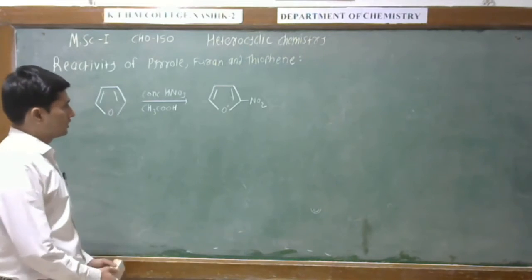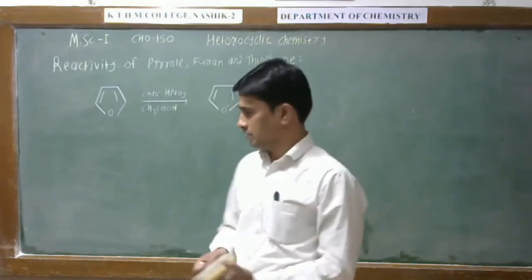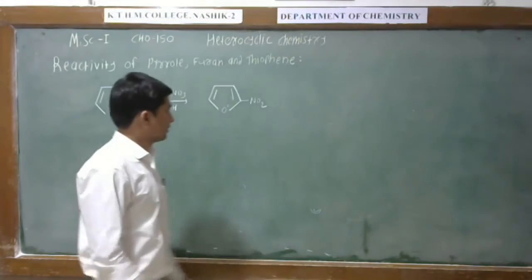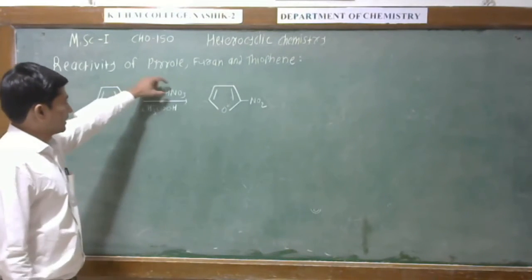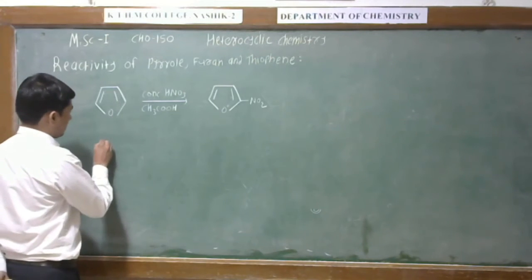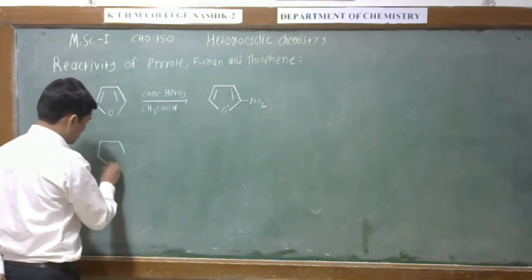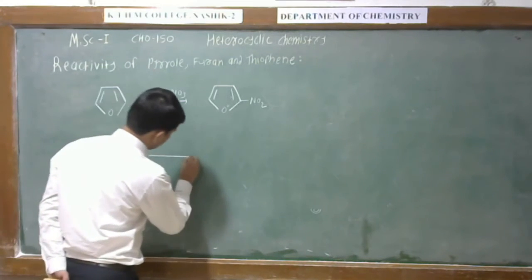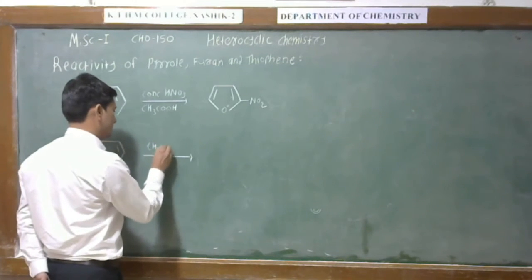So pyrrole gives us 2-nitropyrrole when it is substituted with the nitro group in the condition of concentrated nitric acid and acetic acid.